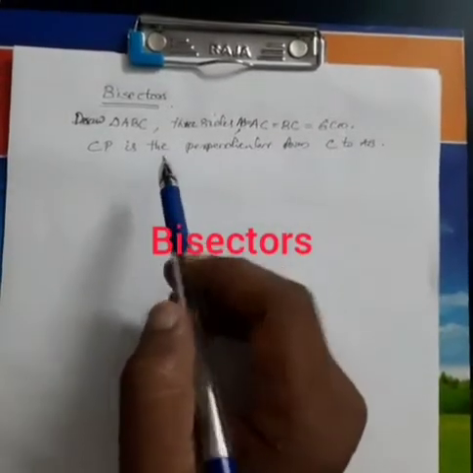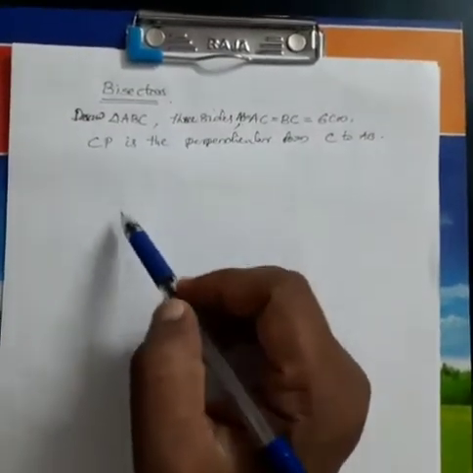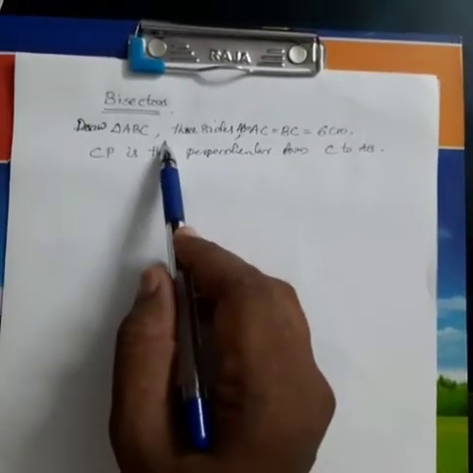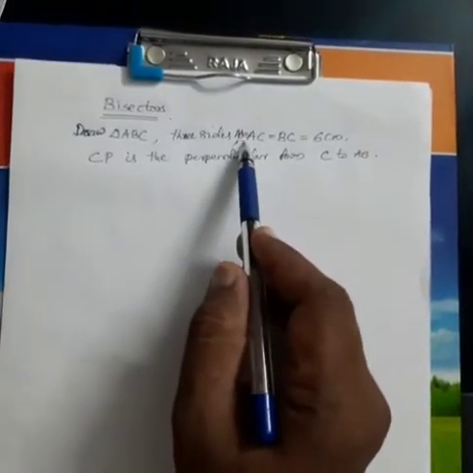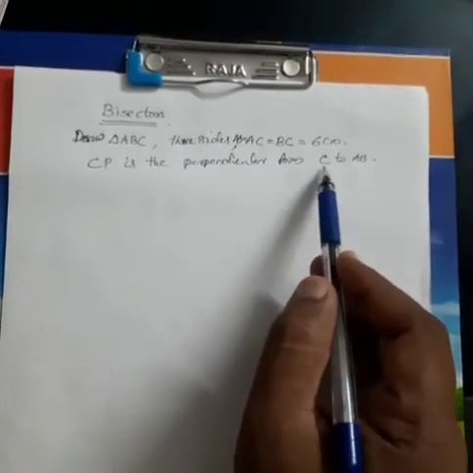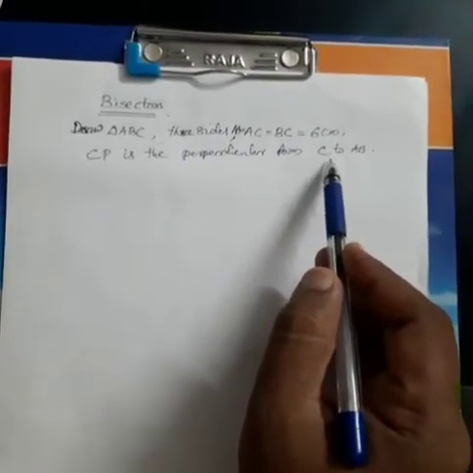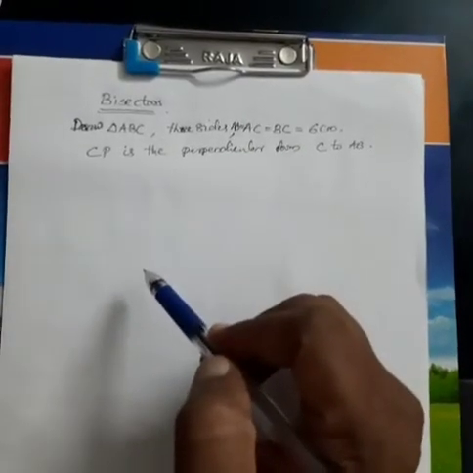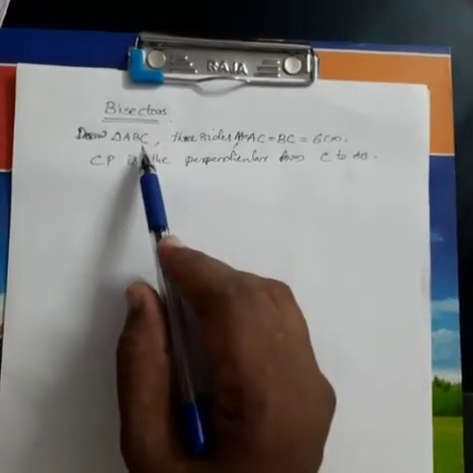The next topic is bisectors. See this question. Draw triangle ABC. The three sides are equal and CP is a perpendicular from C to AB. So you know how to draw a triangle if the three sides are given.